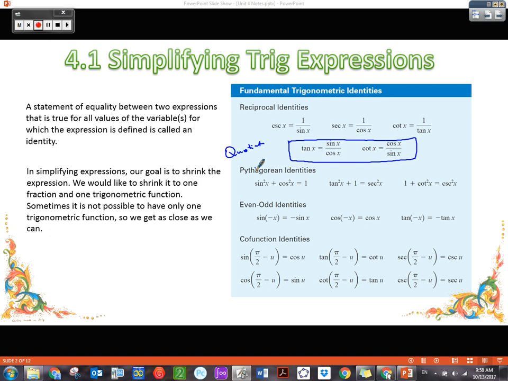So the naming of these things is important. That's why I have the names by there. Reciprocal properties are those top three. Quotient properties are the next two. Then we have Pythagorean identities, even odd identities, and cofunction identities.